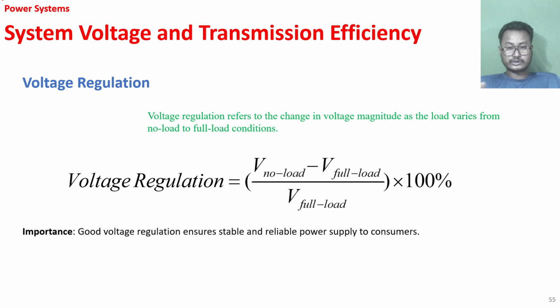So voltage regulation is equal to V no load minus V full load by V full load, and for percentage, times 100. Importance of voltage regulation: good voltage regulation ensures stable and reliable power supply to consumers. So the power system must have a good voltage regulation value.